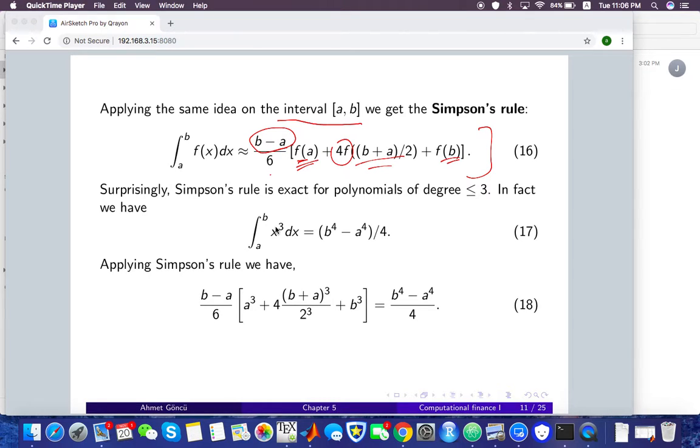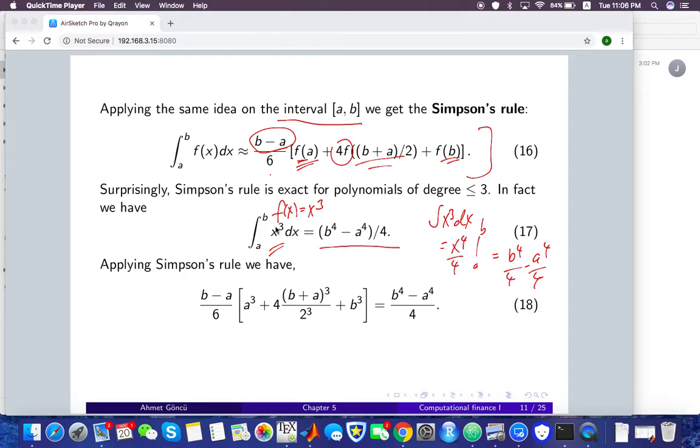So if we have a polynomial of degree 3, like f of x, in this case x cubed, the exact result we can get by directly integrating this. So the integral is x to the 4 divided by 4, and you evaluate this, basically you get b to the 4 minus a to the 4 divided by 4.